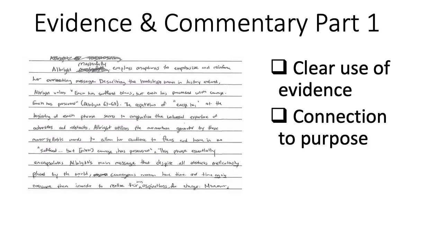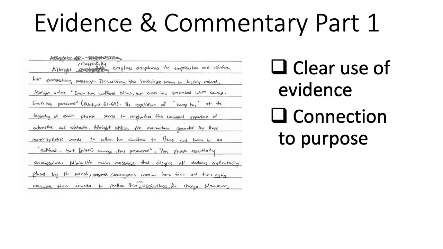All right, so let's get into the body paragraph. "Albright masterfully employs anaphoras to emphasize and reinforce her overarching message. Describing the hardships women in history endured, Albright voices, 'each has suffered blows, but each has proceeded with courage. Each has persevered.' The repetition of 'each has' at the beginning of each phrase serves to emphasize the universal experience and adversities and obstacles.